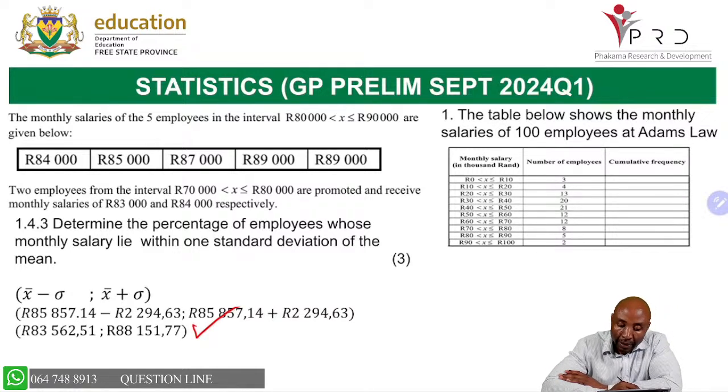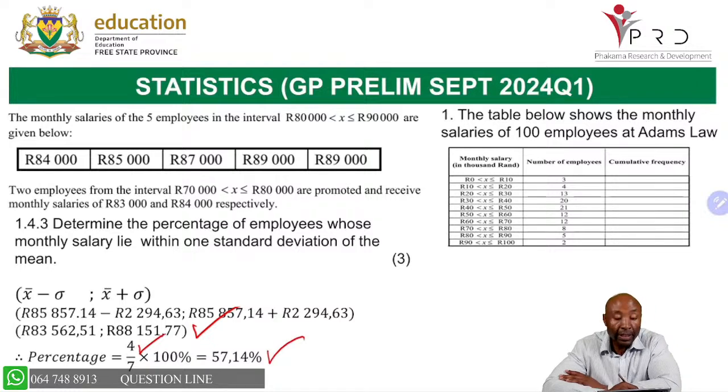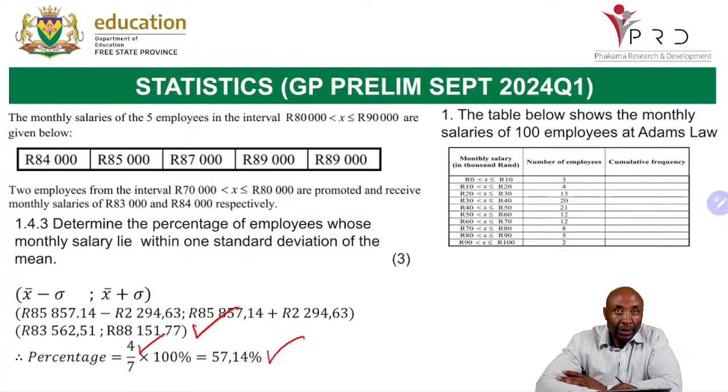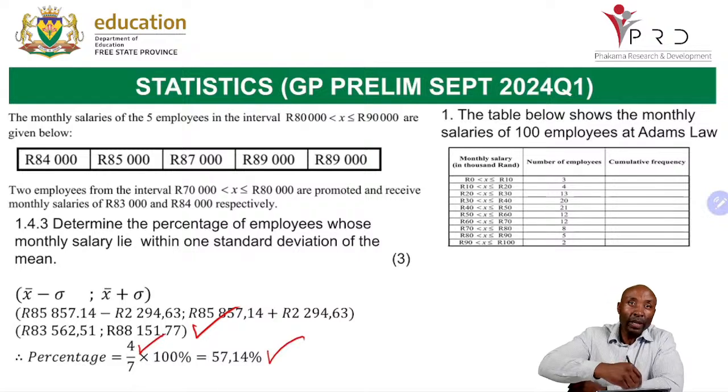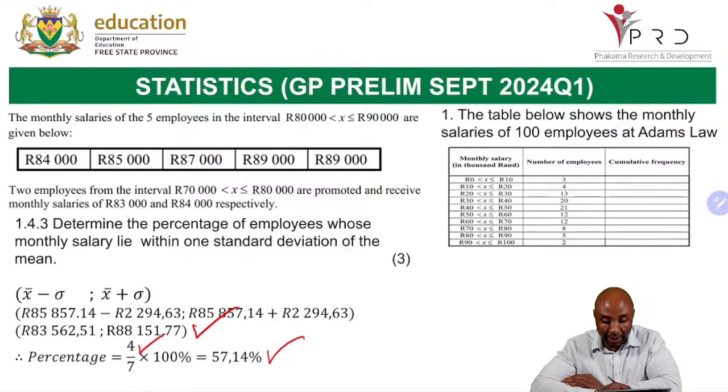And then within 1 standard deviation, we have 4 employees. So for the number 4, for counting the correct number of employees, and for the percentage, we get our 3 marks. Now remember also, it can be lower than, above, or outside. So we should be able to work out whichever is asked there.